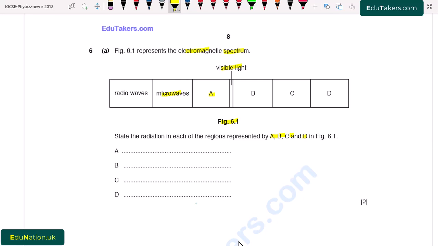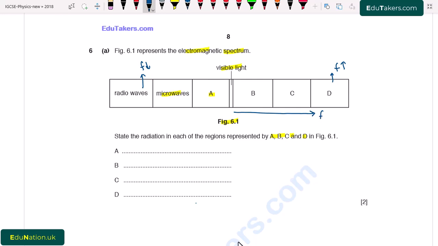For that we need to know about the electromagnetic spectrum, the order of frequency and wavelength. So radio wave has the smallest frequency and D has the highest frequency. It means that when we go from left to right, frequency increases.